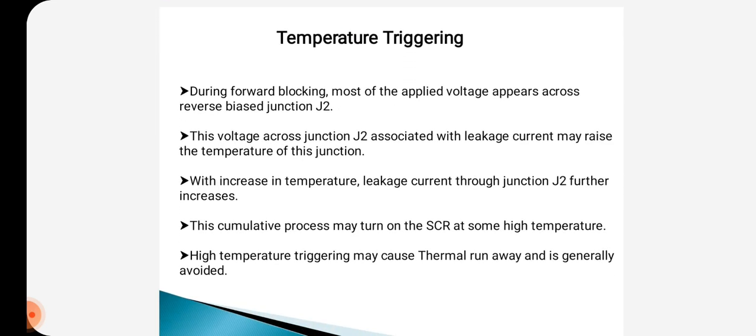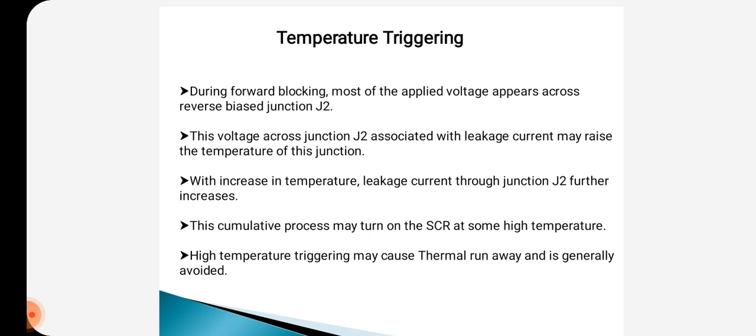Then the third one is temperature triggering. The reverse leakage current depends on the temperature. If the temperature is increased to a certain value, the number of electron-hole pairs also increases. Increasing the temperature at junction J2 causes the breakdown of the junction, and hence it conducts.